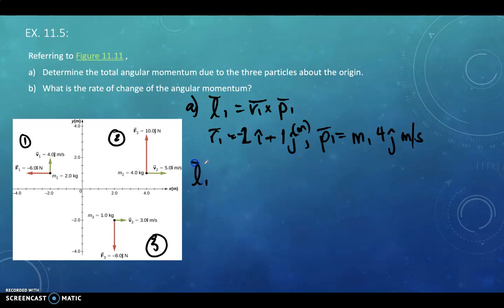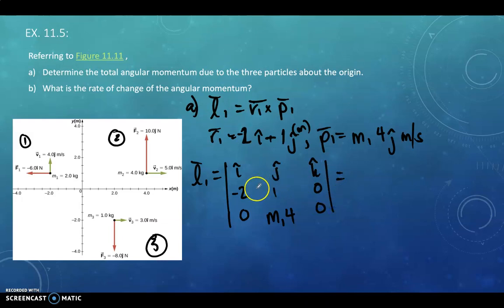So L1 is going to equal, we're going to have i hat, and that will be -2 and 0, and then j hat, we have 1 and M1 times 4, and k hat, which have 0.